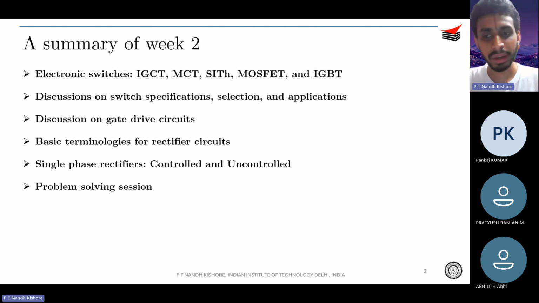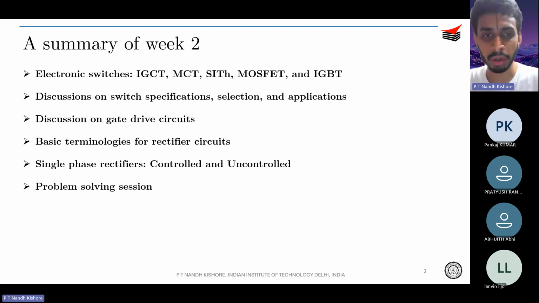Okay, so up to this point, up to gate drive circuits, that actually marks the end of your electronic switches. After that, you started off with rectifier circuits, which are basically AC to DC conversion circuits. So you went through some basic terminologies associated with rectifier circuits, including what is form factor, what is ripple factor, what is total harmonic distortion, what is distortion factor, and so on and so forth.